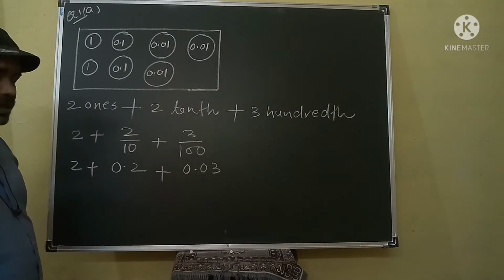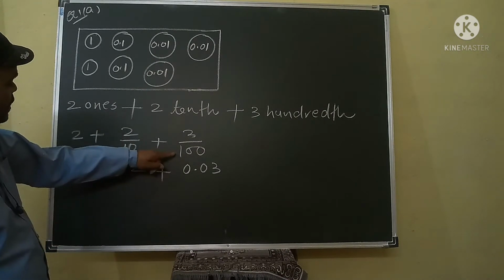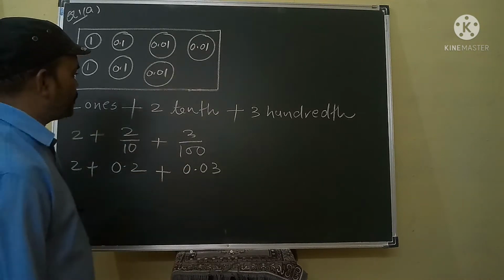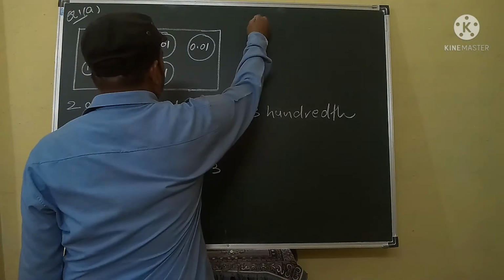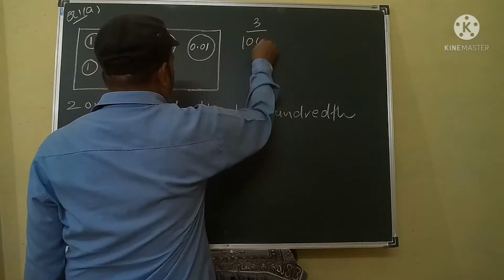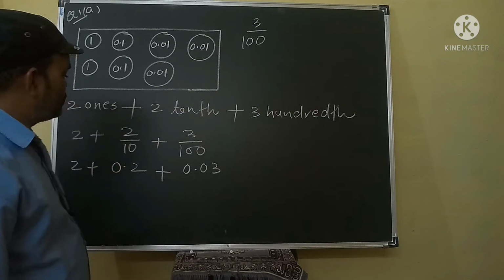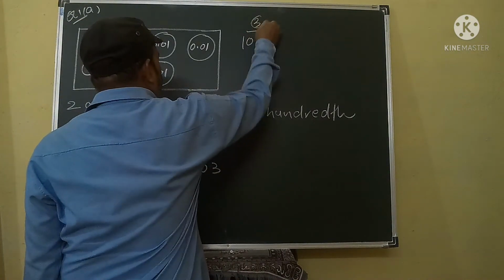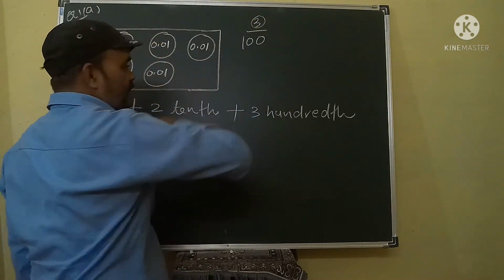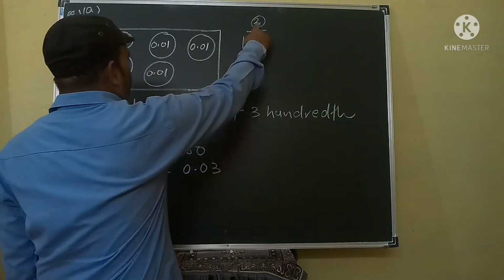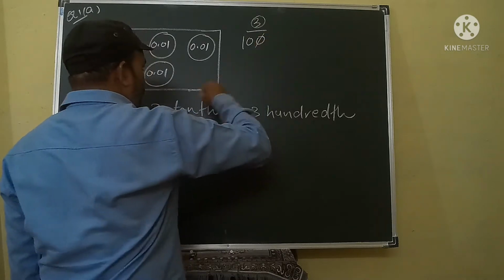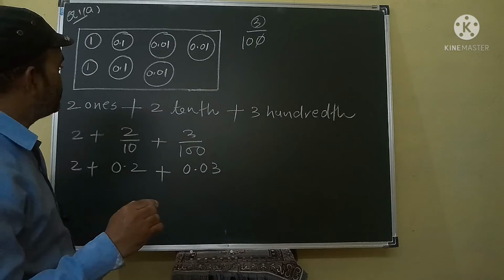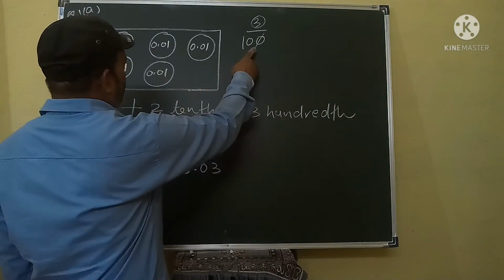I have one question. How can you write 3 upon 100 as 0.03? It is a very simple procedure. Now look here. Suppose this is 3 upon 100, and just imagine this is 3, one digit. One digit is cancelled by the starting 1 0. So what is the remaining number?